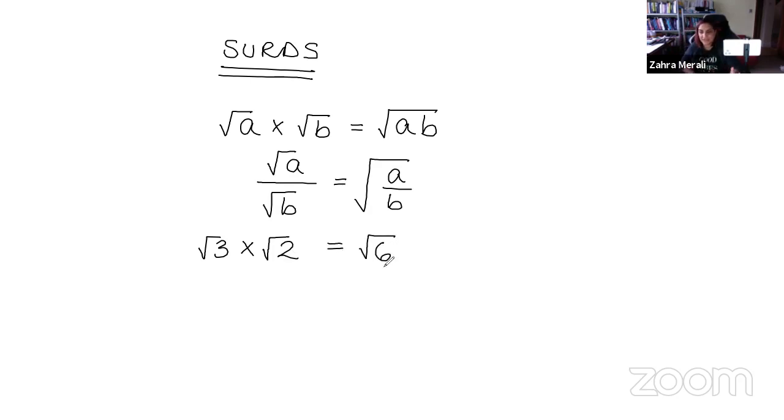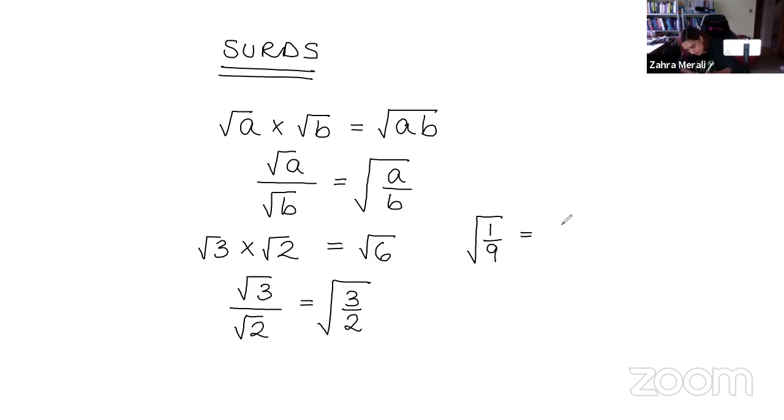And an example of the second one could be the square root of 3 divided by the square root of 2, we could just write it as the square root of 3 over 2. So we can just combine it together. The same way that the square root of 1 over 9, we can take the square root of the top, which is 1, and the square root of the bottom. So that's using the rule the other way around. So that's the first thing to realize.